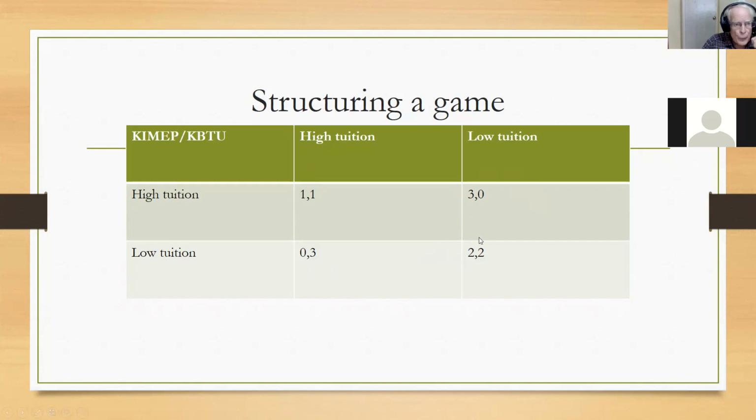So in this case, what will CNET do? Well, 3 is better than 2. Remember that the first number is the payoff to player 1, CNET. So CNET, given that KTTU is choosing low tuition, will choose high tuition instead.